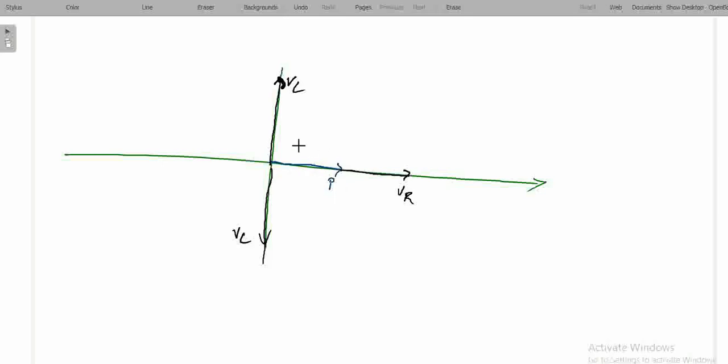Always the voltage across the inductor leads the current by 90 degrees. Always the voltage across the capacitor lags the current by 90 degrees. In the next class, we are going to see how the phasor diagram will be for series circuits.